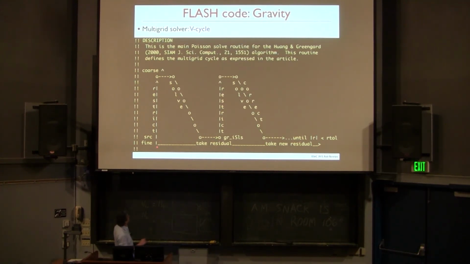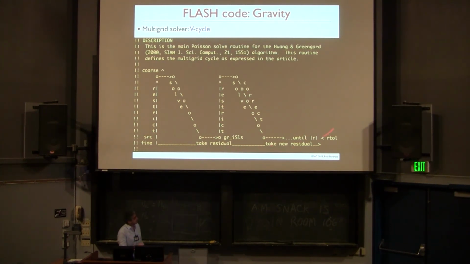As you see here, you restrict your solution from a fine grid to a coarser one, and then you interpolate and solve the Poisson equation at the same time, going from coarser to finer grids, and then do it again.